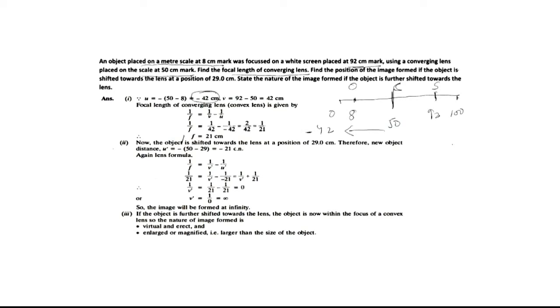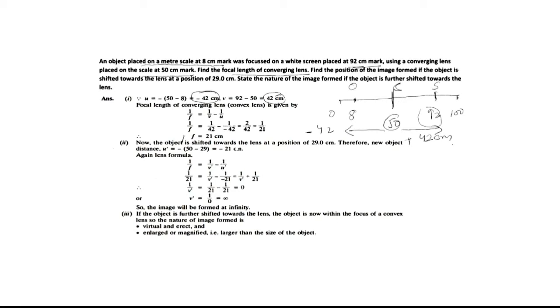Clear? And what about image distance? Convex lens to the screen, 92 minus 50, it becomes 42 centimeter, but positive. Positive means it is placed right to the convex lens. Clear?